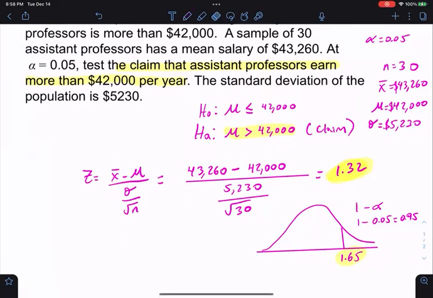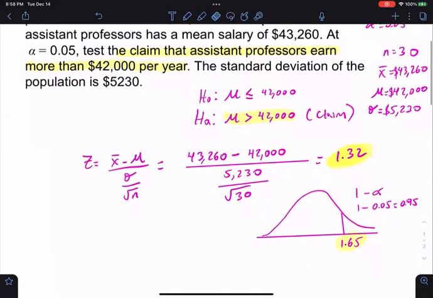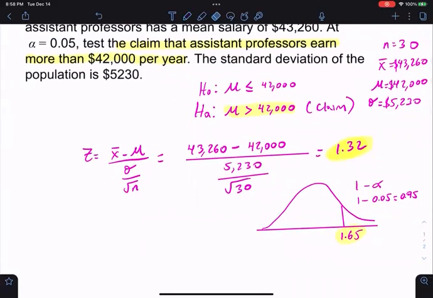So that means that it falls in the non-rejection region. Therefore, you fail to reject the null hypothesis, right? So you can state your conclusion now.